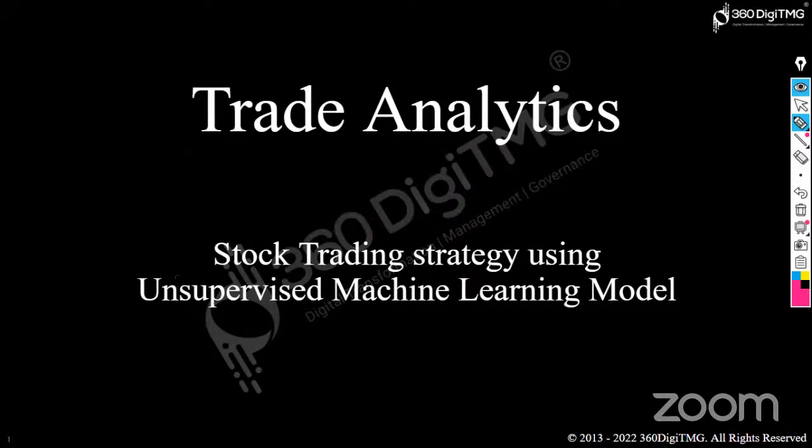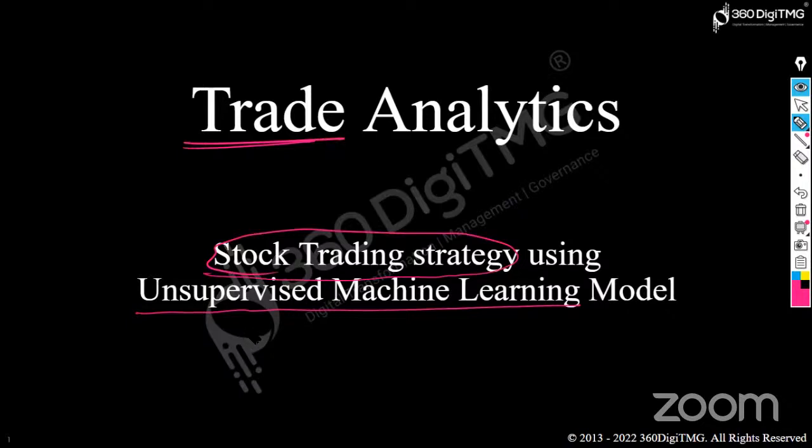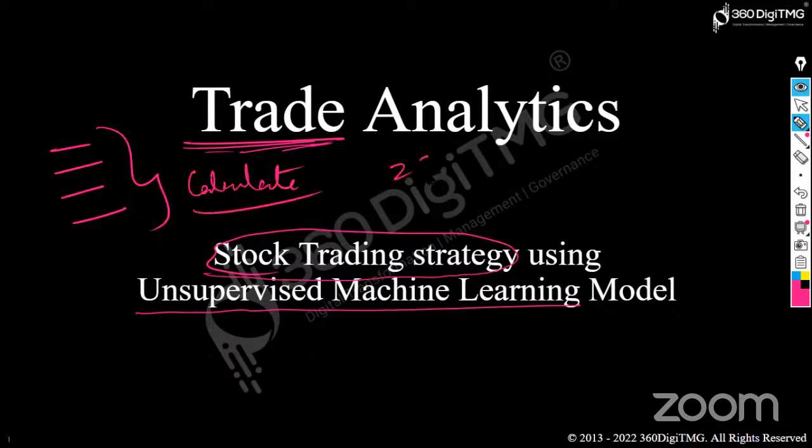So today we quickly start with an unsupervised machine learning model on a trading strategy, because when we analyze the data, we need to predict and we need to take a decision out of it. Before investing in a trade, you are supposed to compare and calculate how the companies are, because there will be a number of companies.